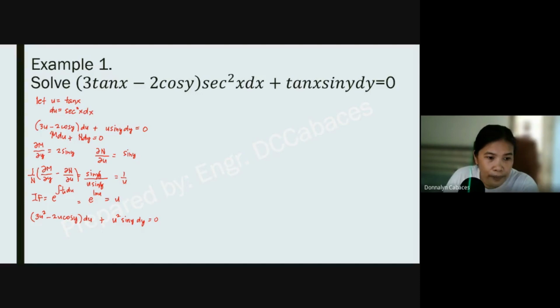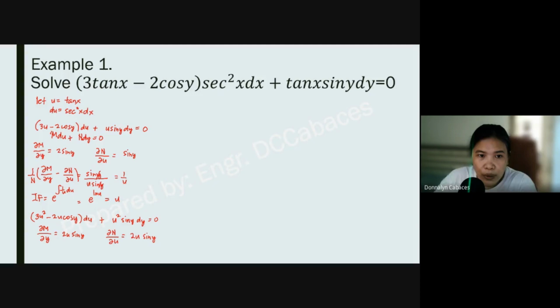And this is now our new M. Taking the partial derivative of M with respect to y, that is negative 2u times the derivative of cosine y, so that is 2u sine y. And the partial derivative of N with respect to u is sine y times the derivative of u squared, which is 2u sine y. And now they are equal. Therefore, we made the given differential equation exact with the integrating factor of u.